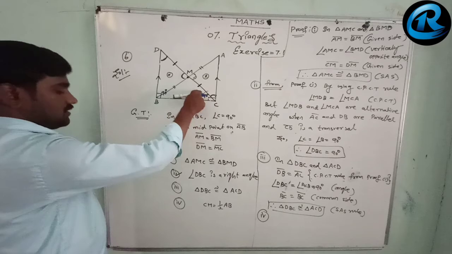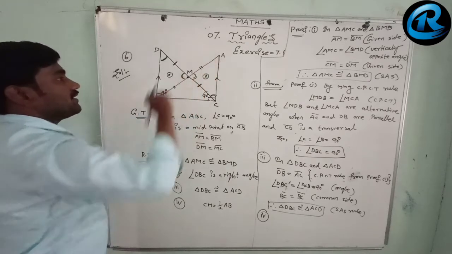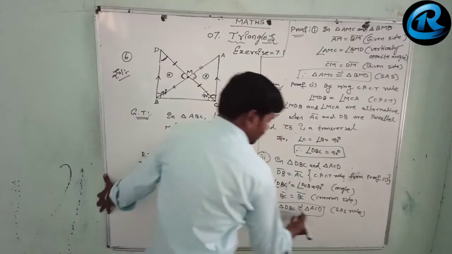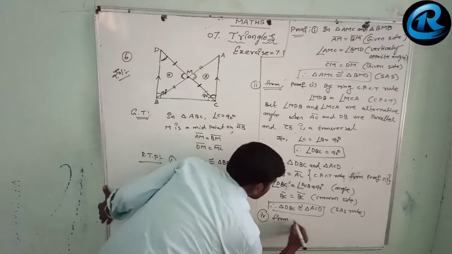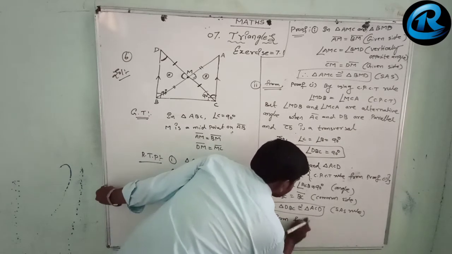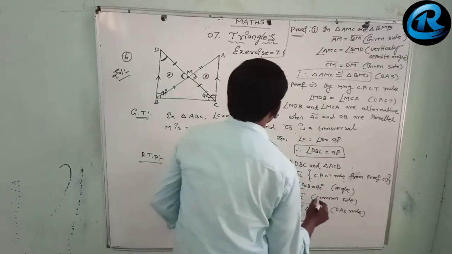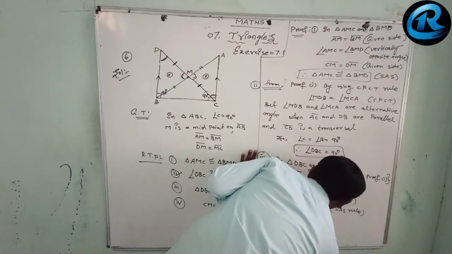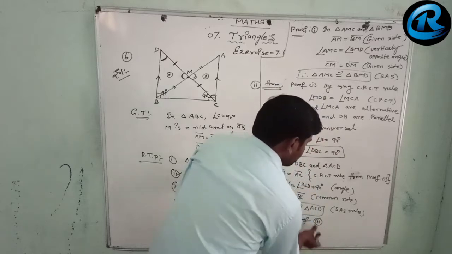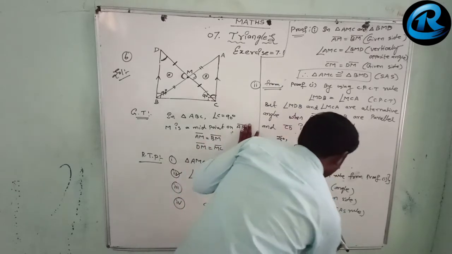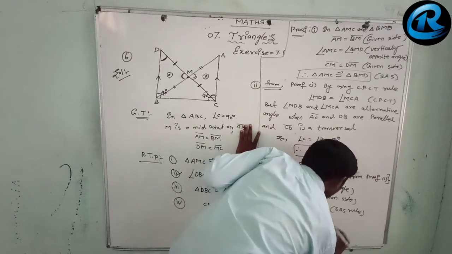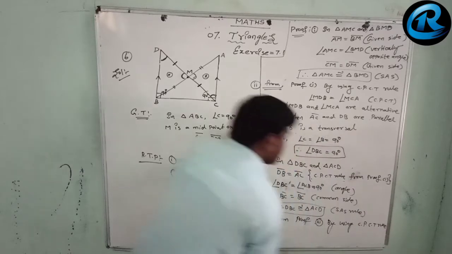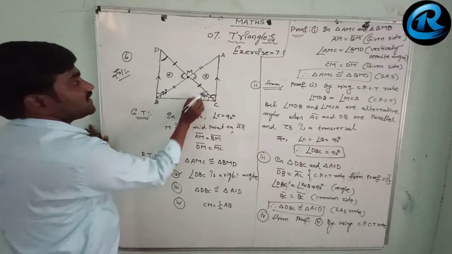This CM is equal to half of the AB. Now as we know, by CPCT rule from proof number 3, from proof number 3 we can say that here CD is equal to AB.